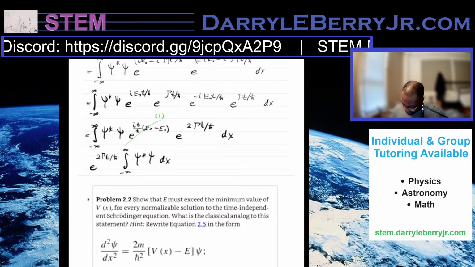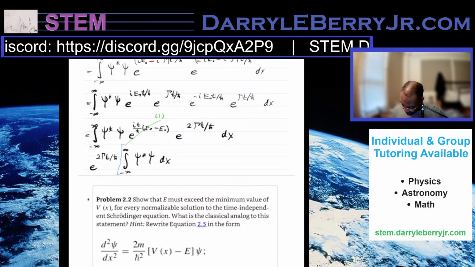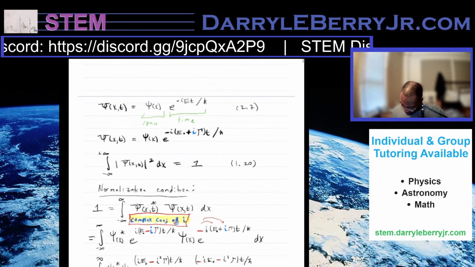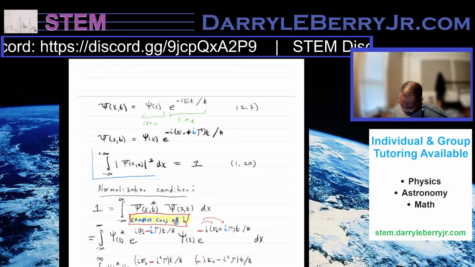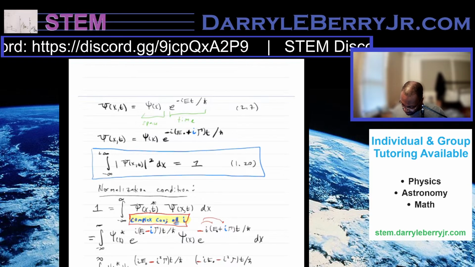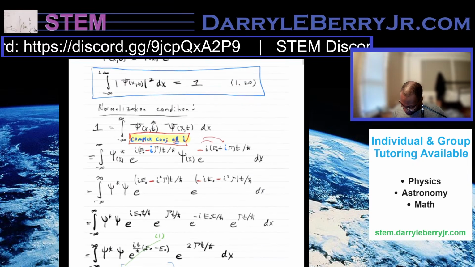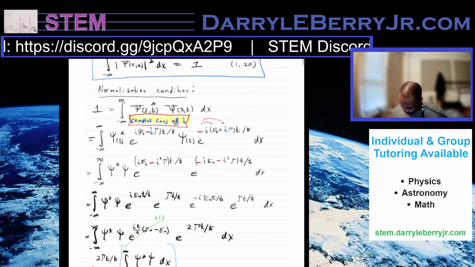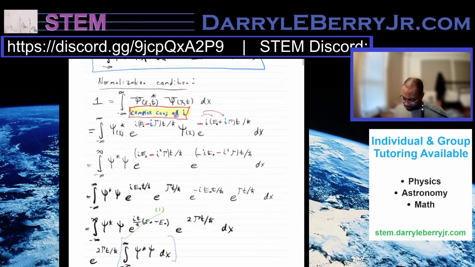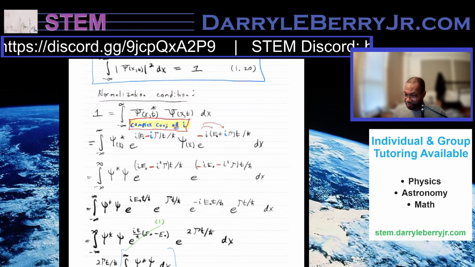And this part here, as we've seen before in the original equation, is this equation right here. So basically it's that times the exponential.